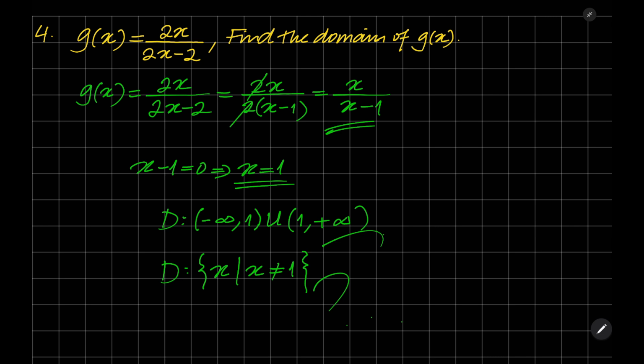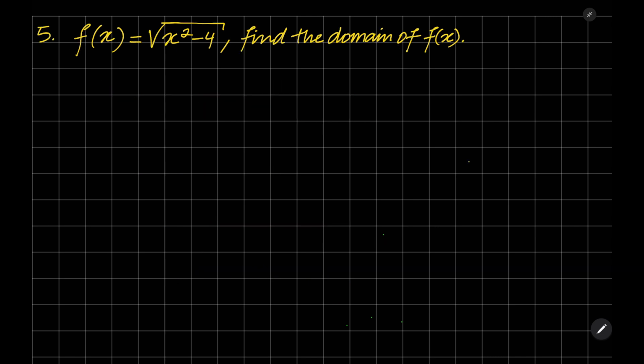Now let's go to the next question. Question 5. f of x is equal to square root x squared minus 4. Find the domain of f of x. We know that any expression in the square root can never be less than 0.